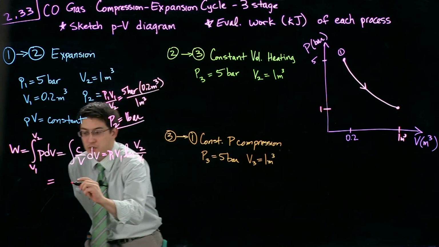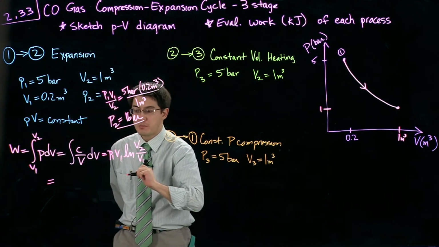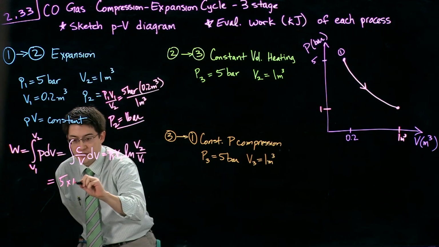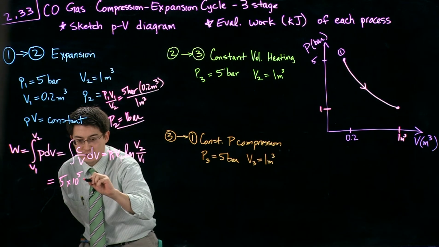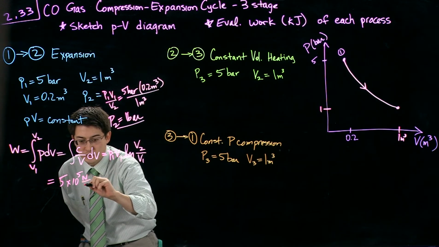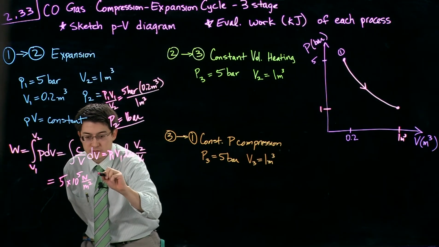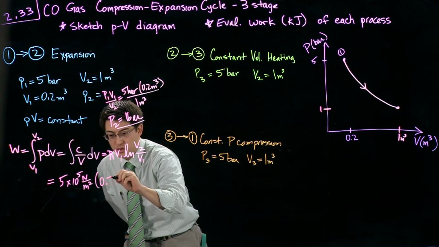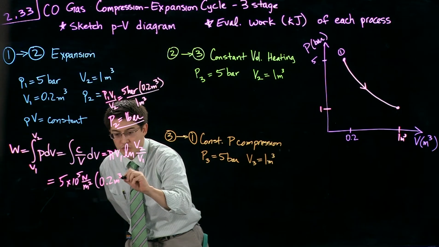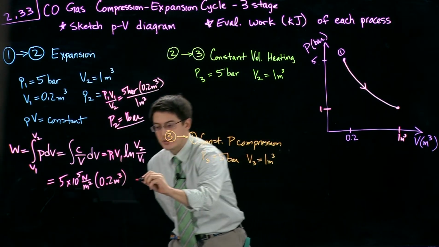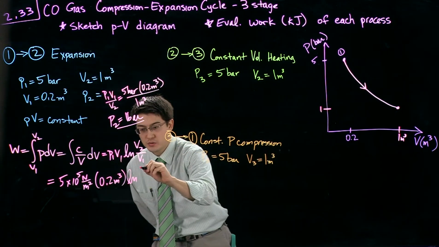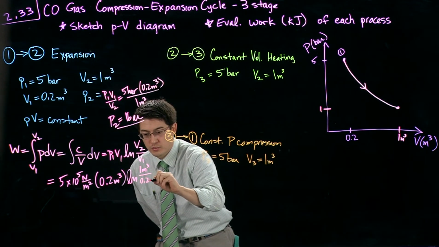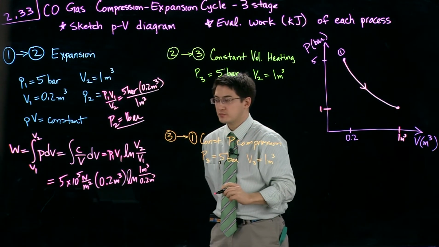P1, let's convert from bar back into pascals. 5 bar is 5 times 10 to the 5th pascals. That's Newton per square meter. V1 was 0.2 cubic meter. Natural log of V2, 1 cubic meter over 0.2 cubic meter.